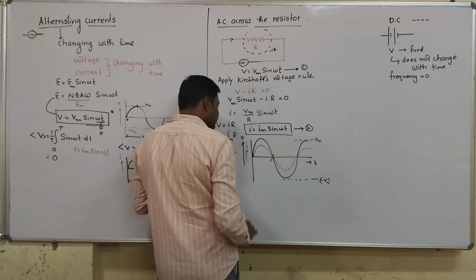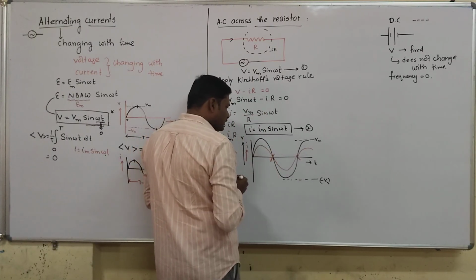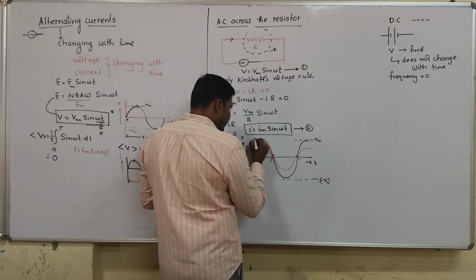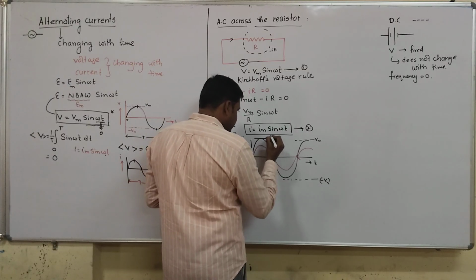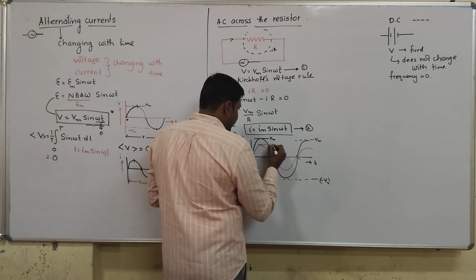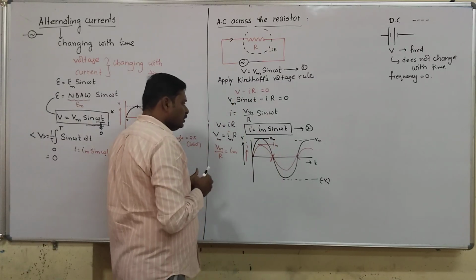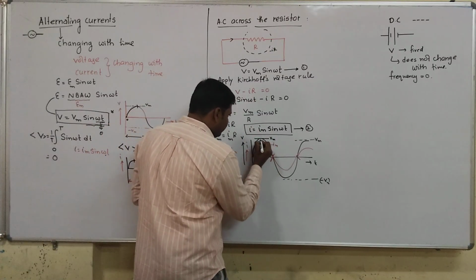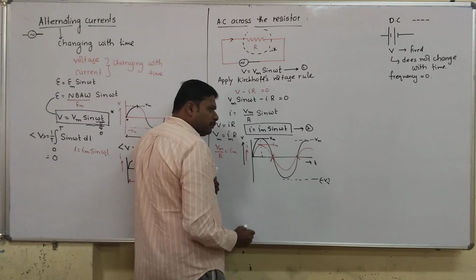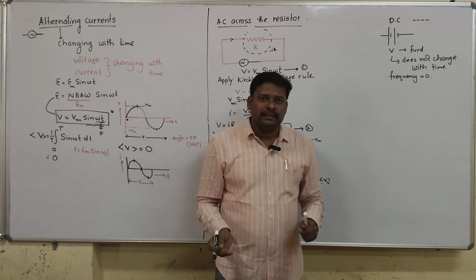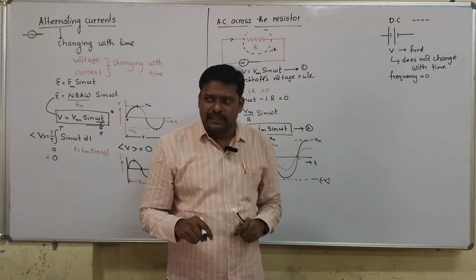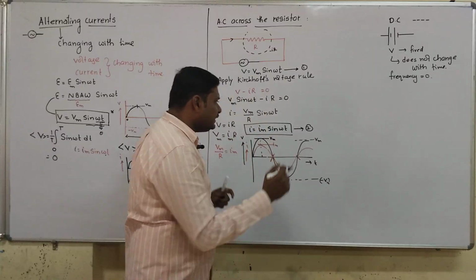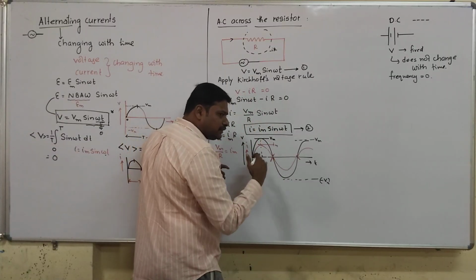What is your observation? The moment both are 0, they are 0 at the same time, and they reach the maximum Vmax and Imax at the same time. Both are occurring at maximum values and minimum values at the same time. It means that they are in phase, no phase difference.